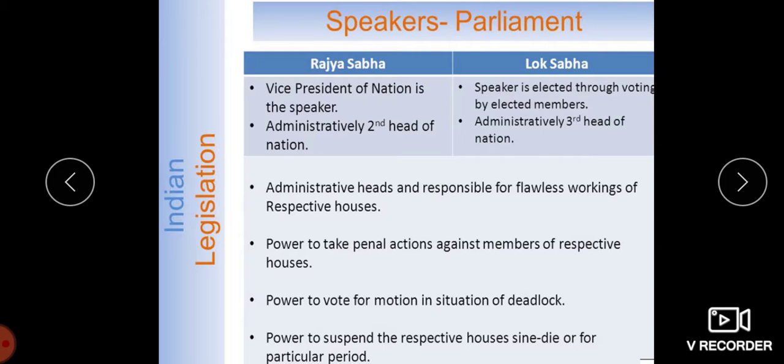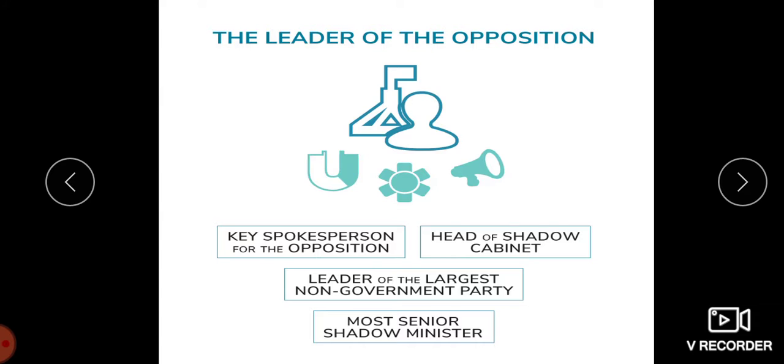They are the administrative heads and responsible for flawless working of the respective houses, with power to take penal actions against the members of the respective houses, power to vote for a motion in the situation of deadlock, and power to suspend the respective house sine die for a particular period.